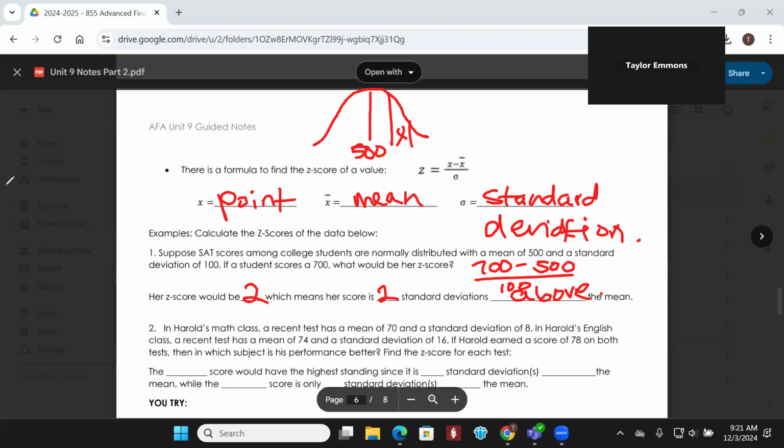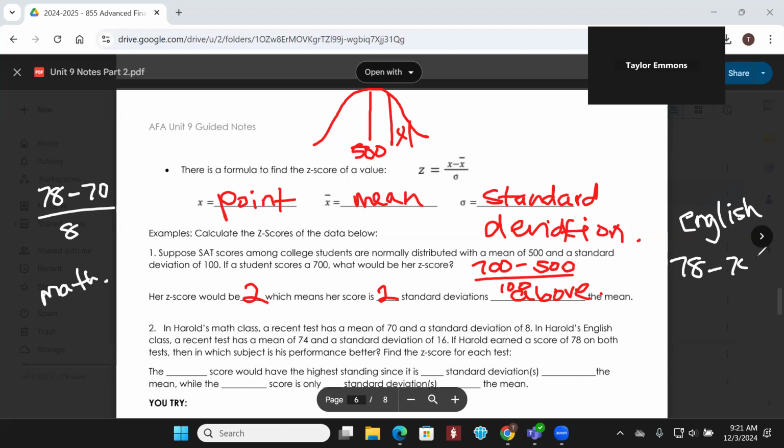Okay, so you're going to talk about his math class first. He got a 78 on his math score with a mean of 70, and we're going to divide by 8. In English, he got a 78.